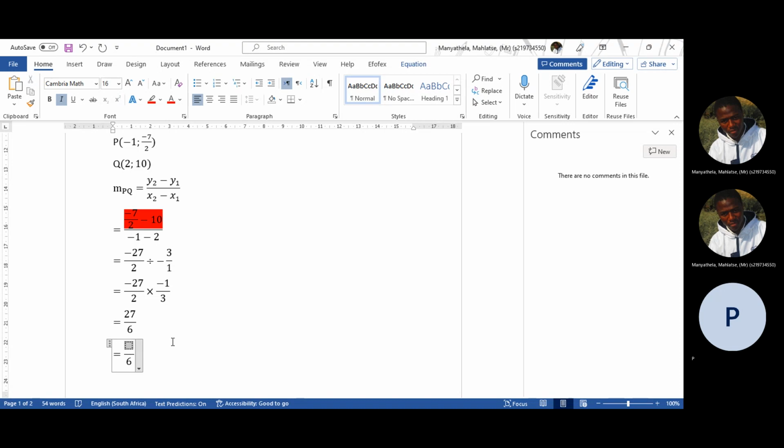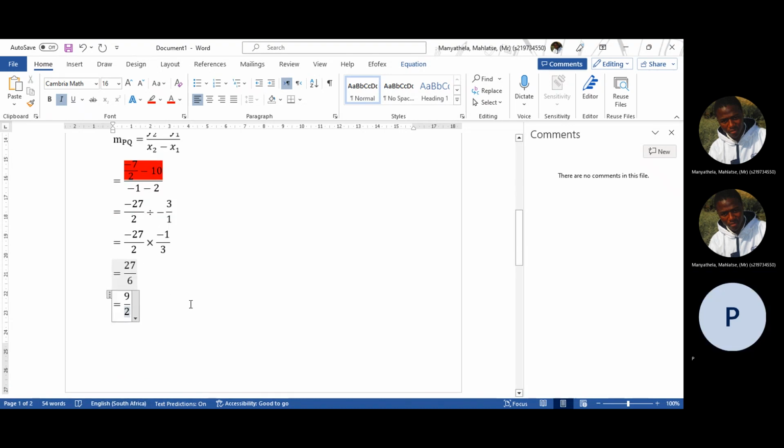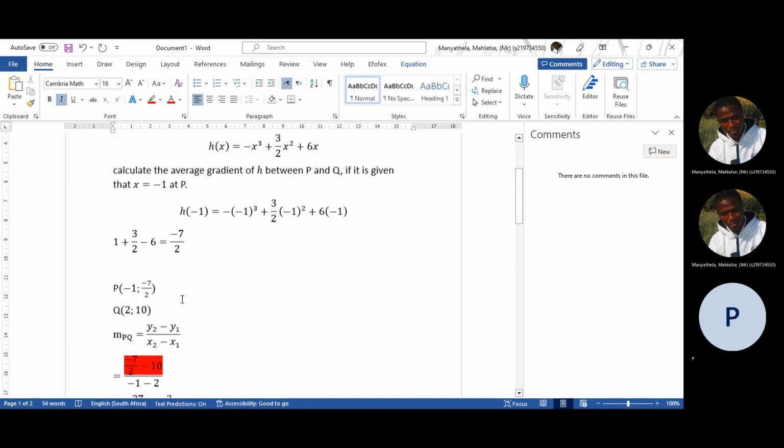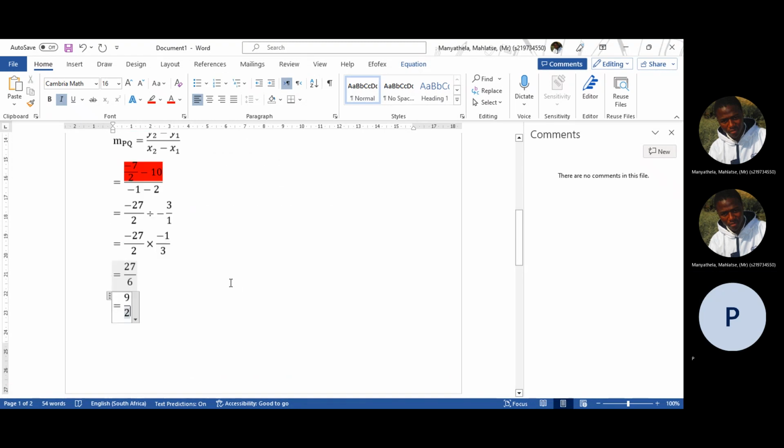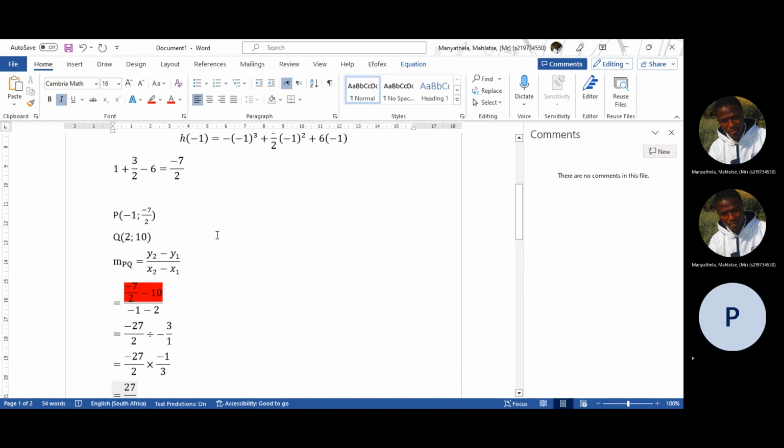So that is the average gradient of the graph between P and Q, given that x equal to negative 1.